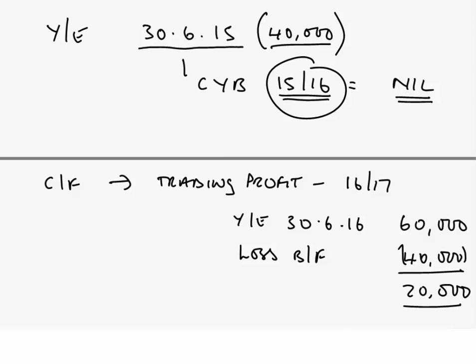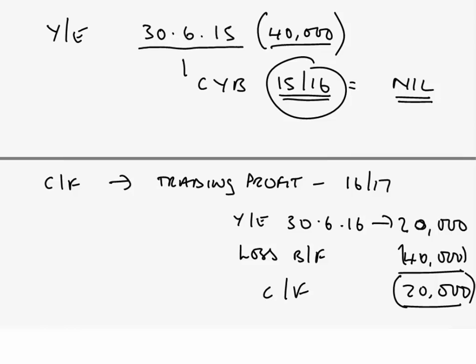If, on the other hand, the tax-adjusted trading profit was, say, £20,000, and you have a loss brought forward of 40, you would remove all of that 20,000, and what would it leave you still with? A carry forward of the unrelieved 20,000 loss against the next available future trading profit.